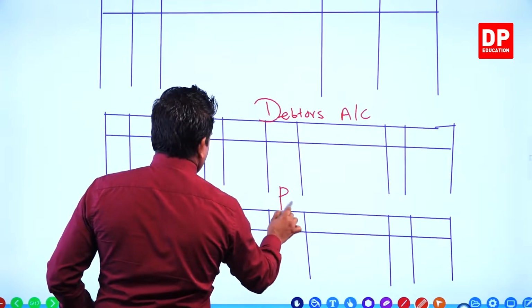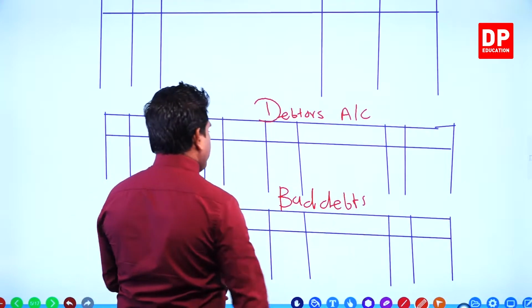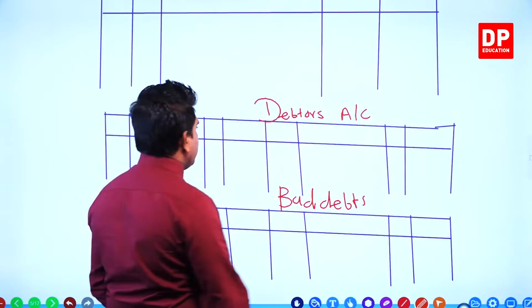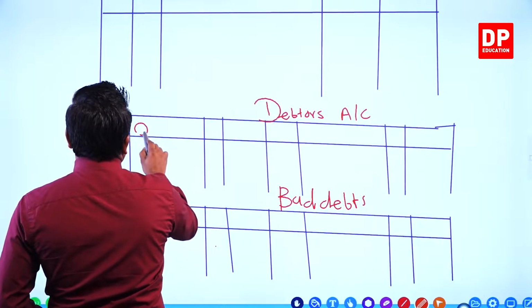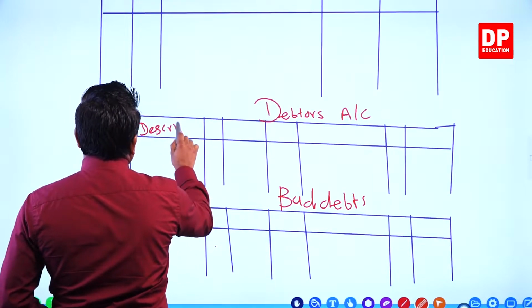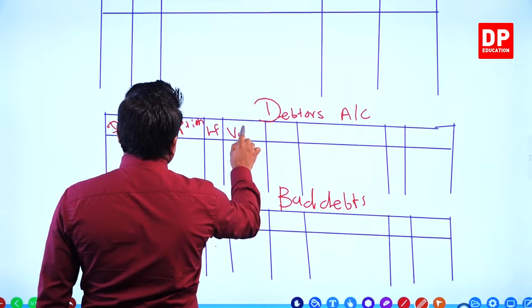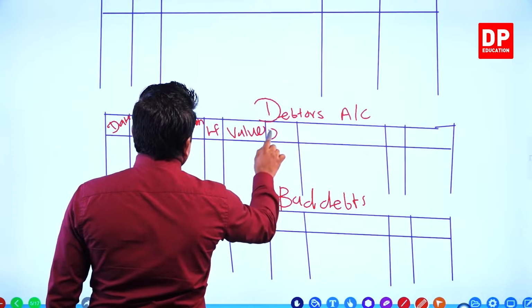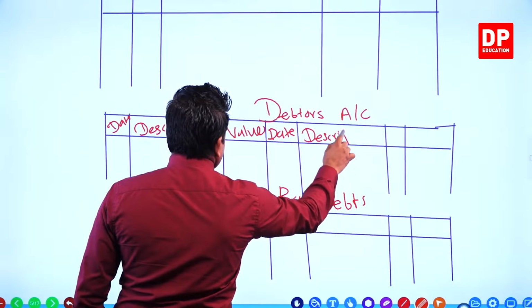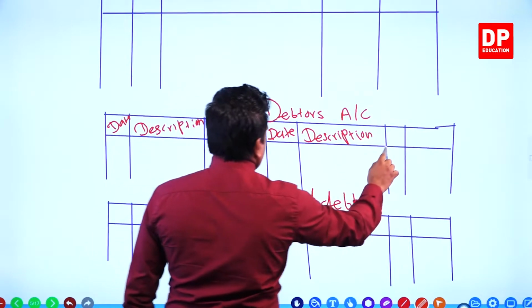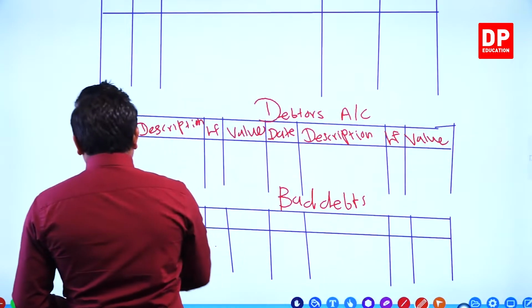This is the bad debts account. If you want, you can draw the bad debts account first, no issue, right? Then date, description, ledger folio, value.